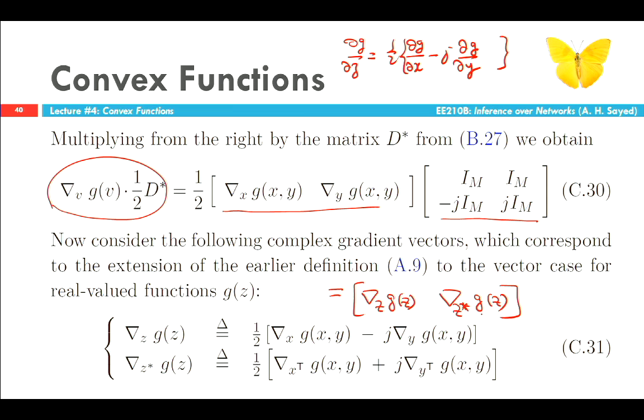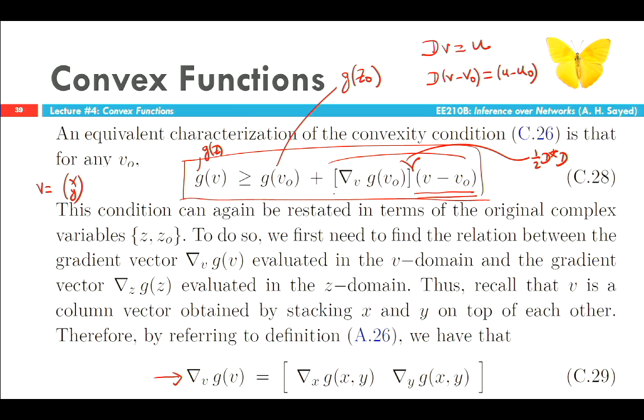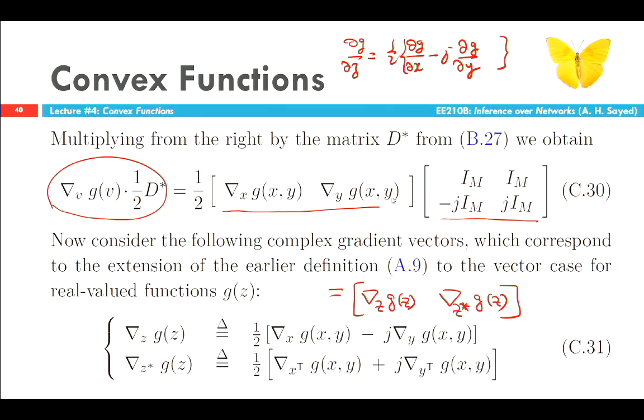So if I go back, this is exactly this times the 1/2 D star. Go forward, and then I have to multiply by u minus u0. But u minus u0 is z minus z0, and then z minus z0 star, transpose, right? Because they have to have the same dimension, right? Okay.